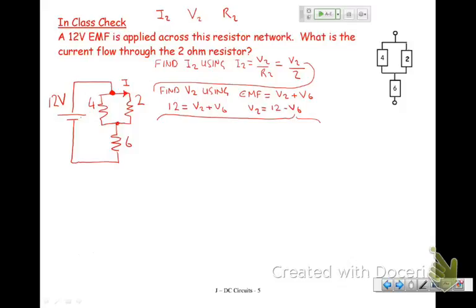Oh, find V6 using V6 equals I6 times R6, which equals I6 times 6.